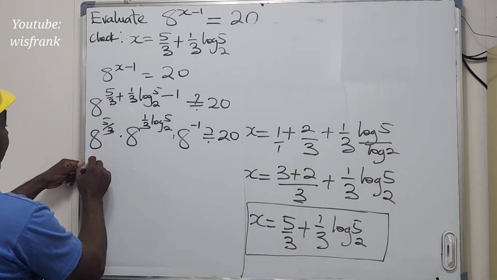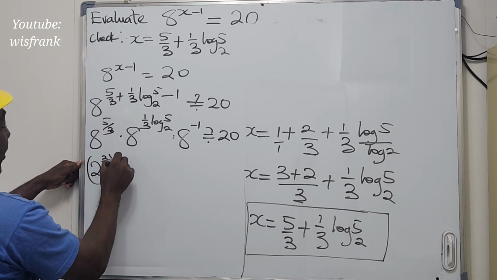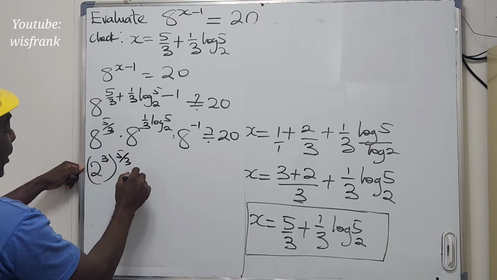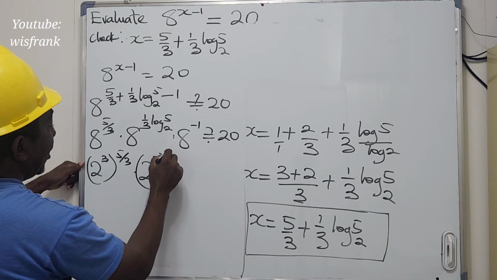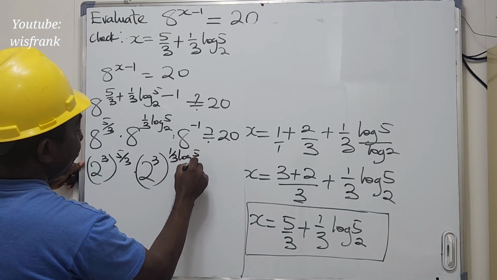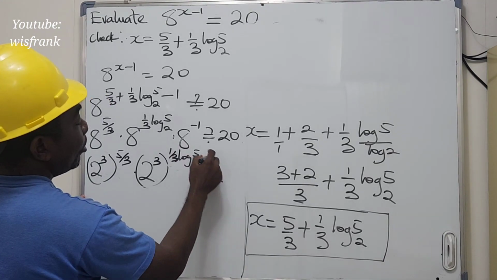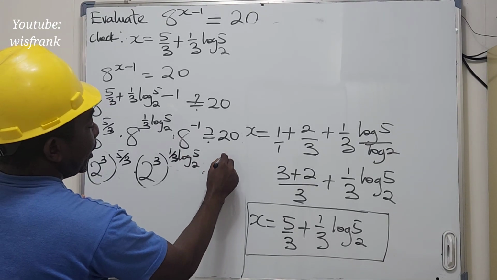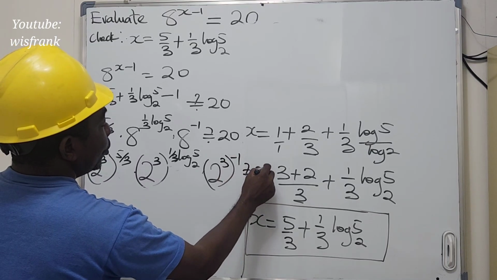In this case, this can be written as 2 to the power of 3 all to the power of 5 over 3, times 2 to the power of 3 all to the power of 1 over 3 log 5 base 2, times 2 to the power of 3 all to the power of minus 1. Will this equal 20?